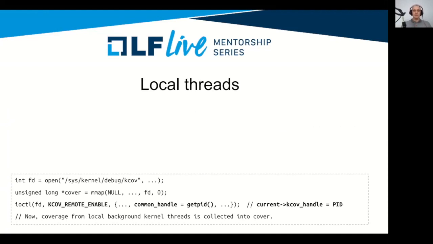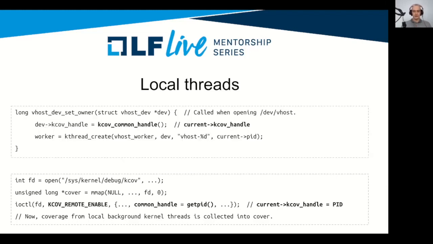So what this ioctl does is it saves this command handle inside current. Current points to the current user task. When KCOV is enabled, there is another field inside the current task struct, called KCOV handle, where the command handle is getting saved.